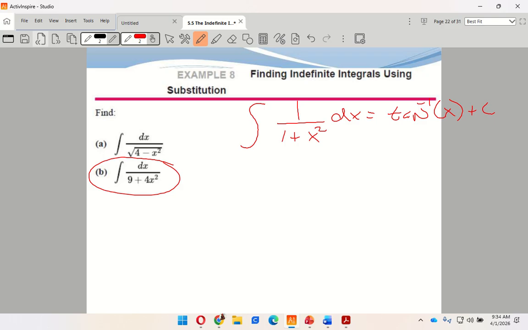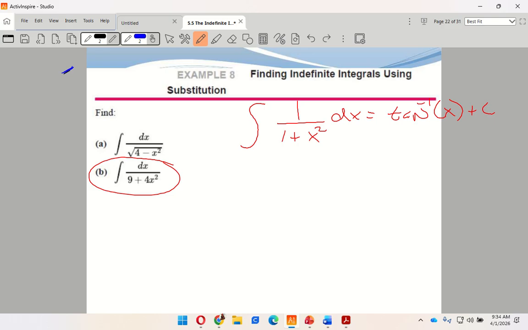So what are we gonna do to make it like that? What was the first thing I did on that last one? Okay, so what am I doing here on this one?